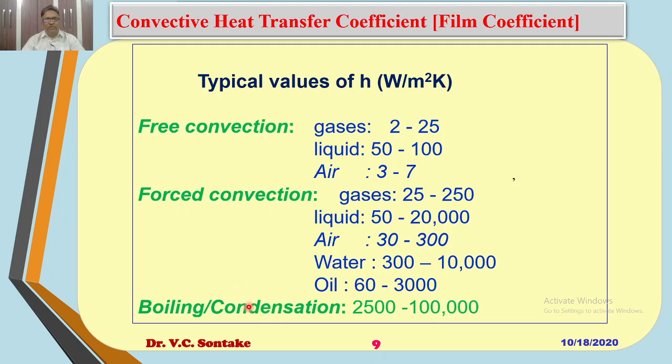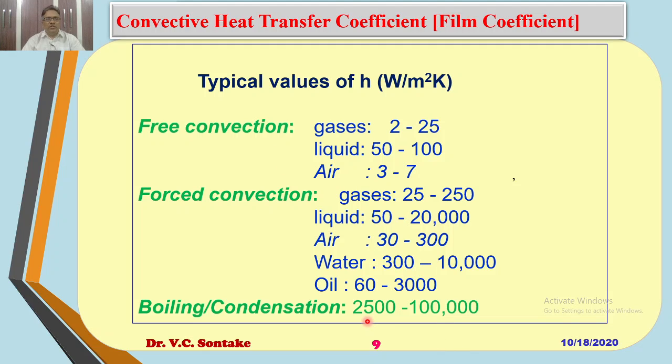There is another type of convection where the fluid undergoes phase change, and depending upon whether the surface is heated or the fluid is heated, the convection is called boiling or condensation. So whenever there is a phase change, the value of convective heat transfer coefficient is very large as compared to free and forced convection.